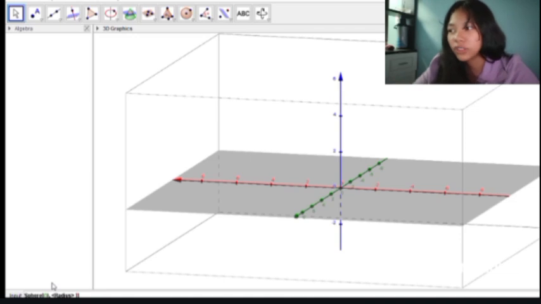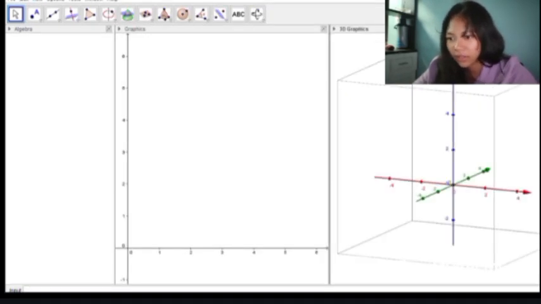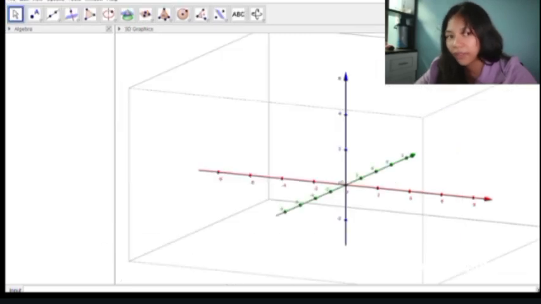That's right. We should open the 3D graphics. So, in the input bar, we can just say sphere. And as you can see, we have an option that says point and radius.